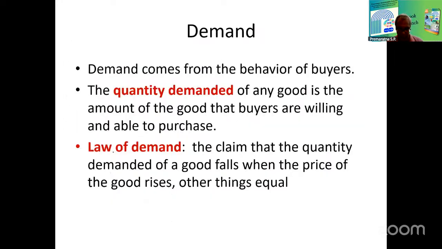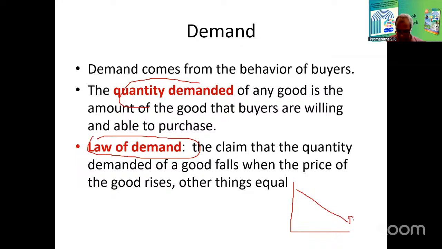When you talk about the quantity demanded in microeconomics, we talk about the law of demand. That is also a very important concept to understand. Due to the law of demand, as all of you know, the demand curve has a negative slope, which means when the price increases, quantity demanded decreases, and the opposite also, when the price decreases, quantity demanded increases.